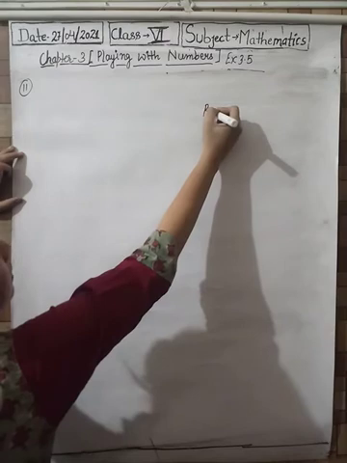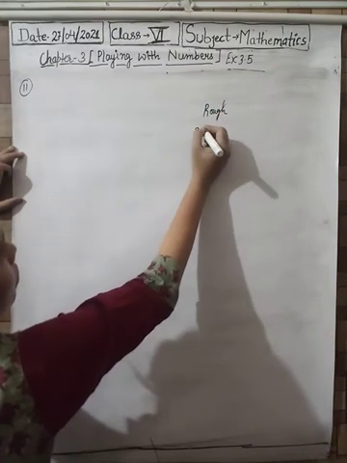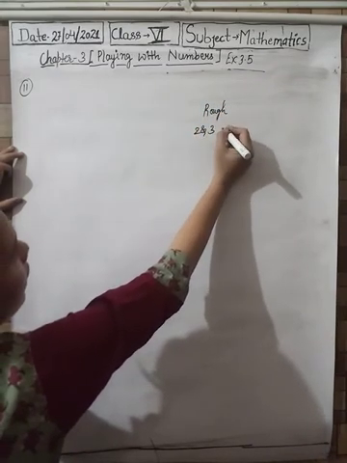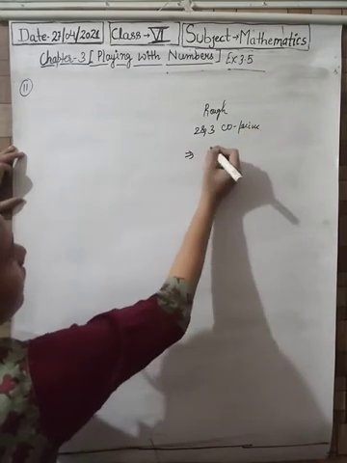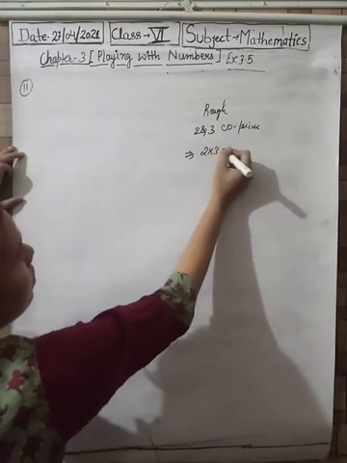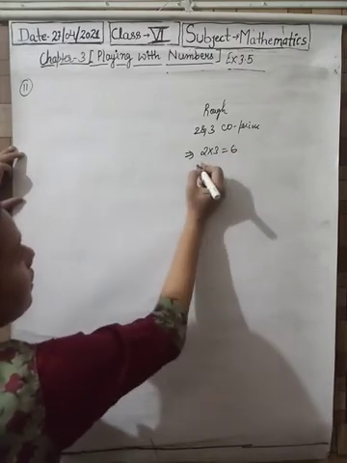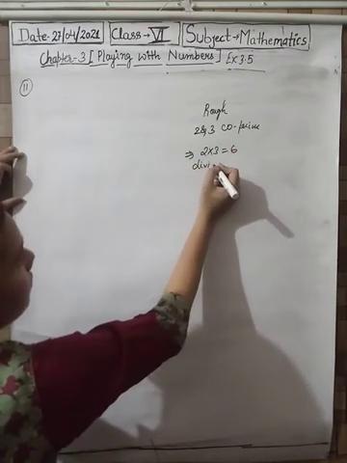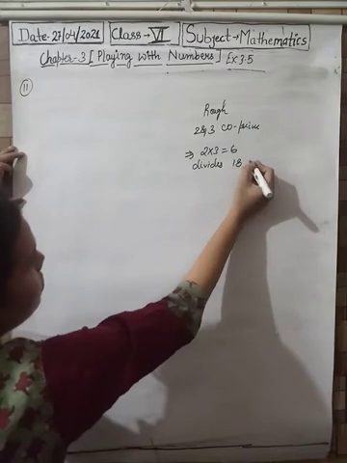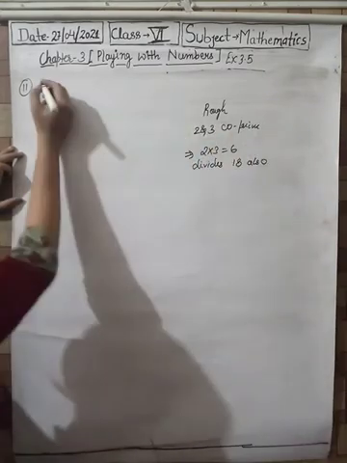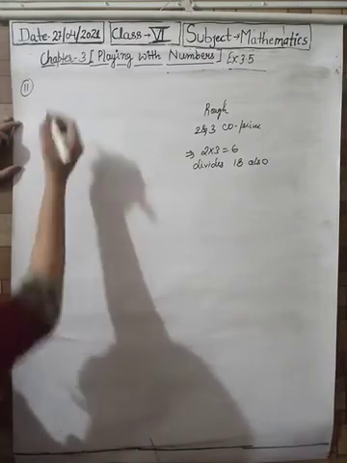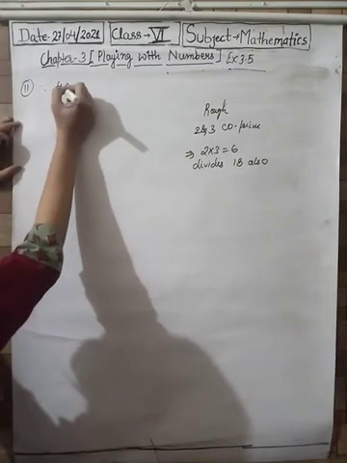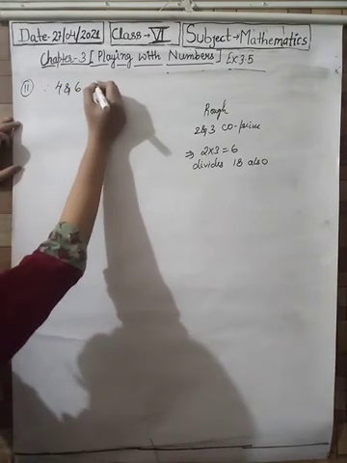This is a rough work. 2 and 3 both are co-prime. Okay. That's why 2 into 3 is equal to 6, 6 divides 18 also.